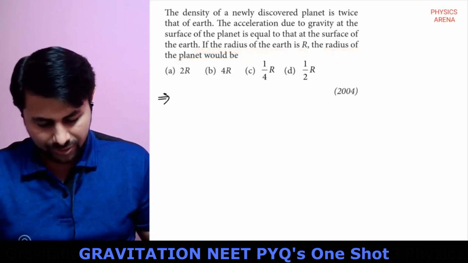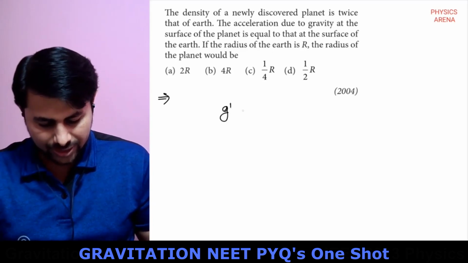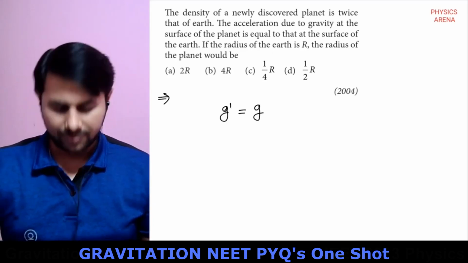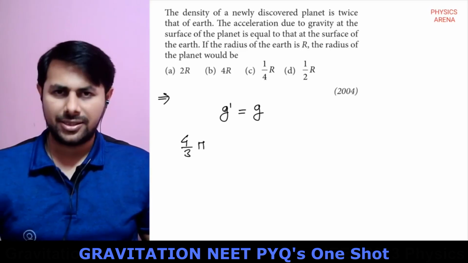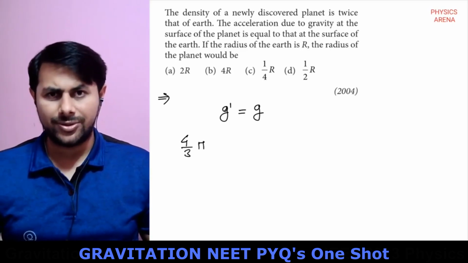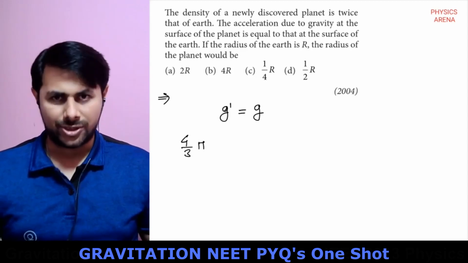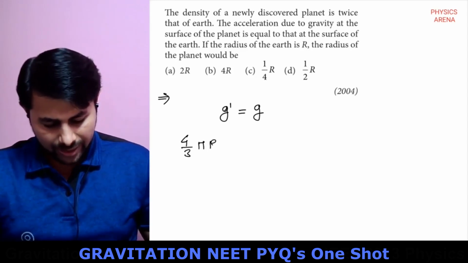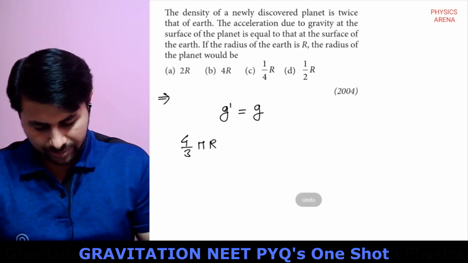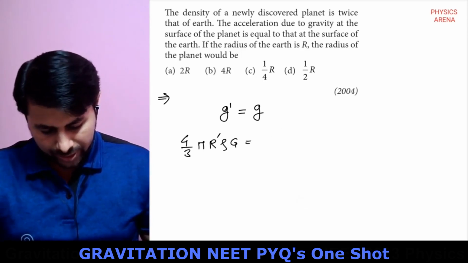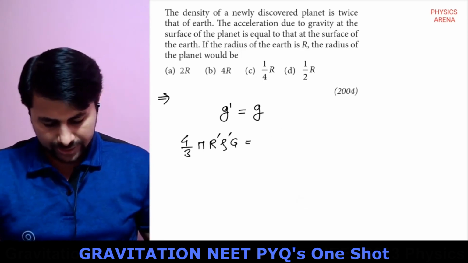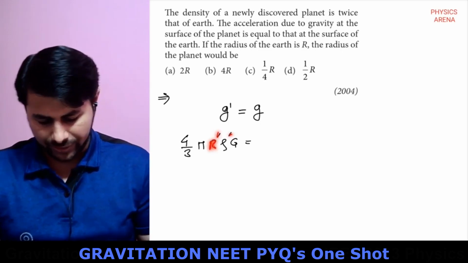Okay, newly discovered planet. g dash is equal to g. This is given. Density is involved, so which formula do we have to use? 4 by 3 pi r rho G, where G is capital G. But it is for that planet, so let's put r dash, rho dash.